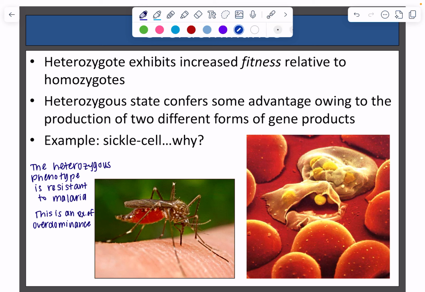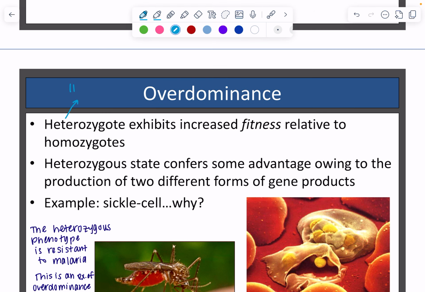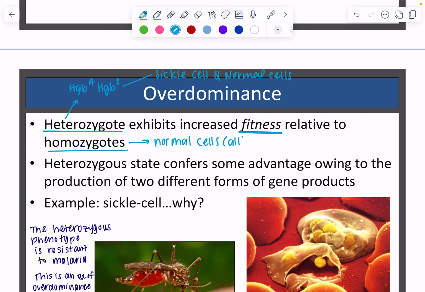So the heterozygotes, HGBA and HGBS, where you get sickle cell and normal cells, have a better odd of surviving than the normal homozygotes, where the whole population has normal cells.